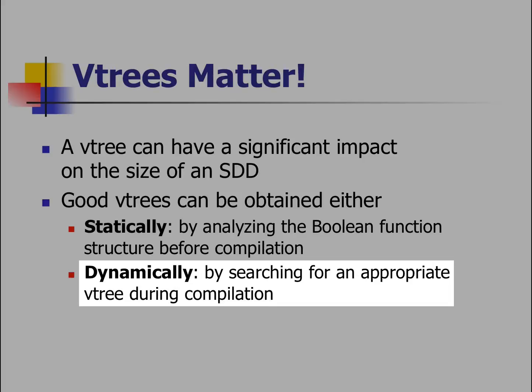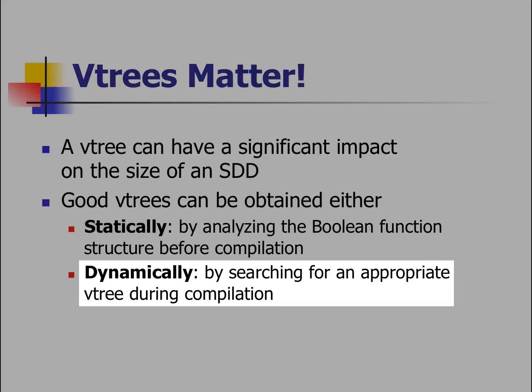So how does this work? You start initially by guessing a Vtree, perhaps using a static method, and then you start the bottom-up compilation process by sequencing apply operations. And if at some point the SDD size grows too large, then you stop the process and try to change the Vtree so as to minimize the size of the corresponding SDD, and then after that you resume the sequencing of apply operations to try to finish the compilation process.